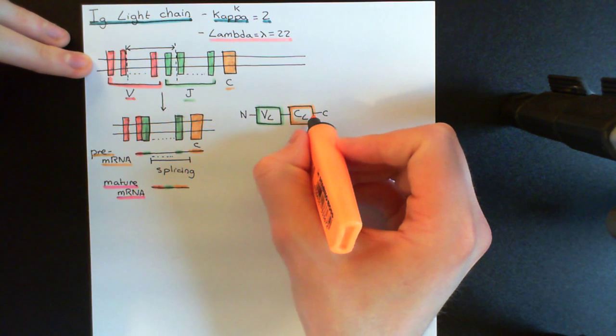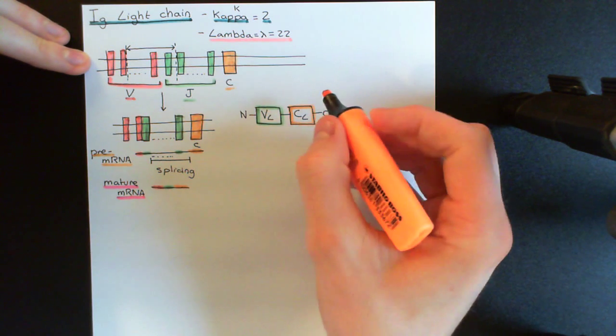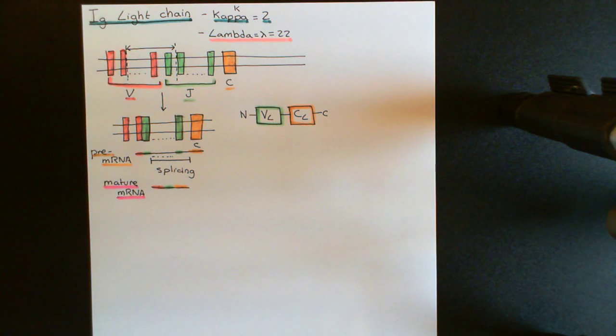And what I now want to ask is, what's the significance of that? Does it have any significance? Well, firstly, note the difference between this and the different options for the constant region of the immunoglobulin heavy chain.